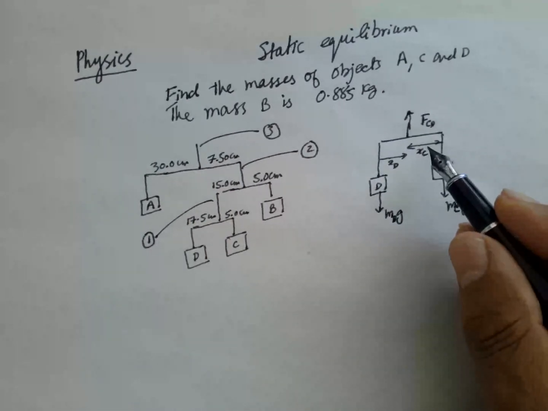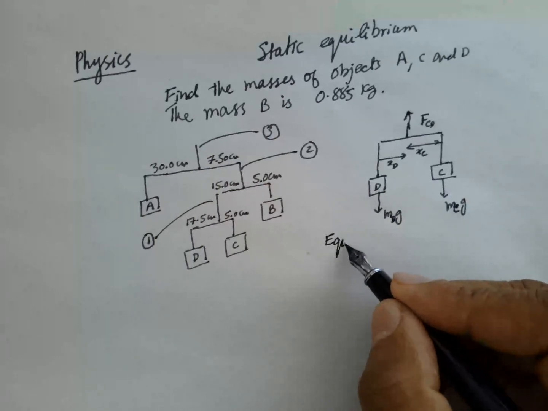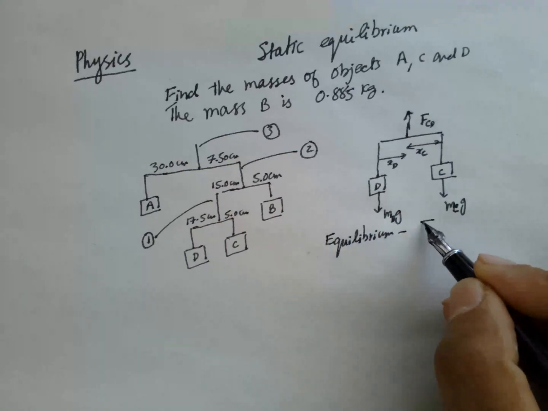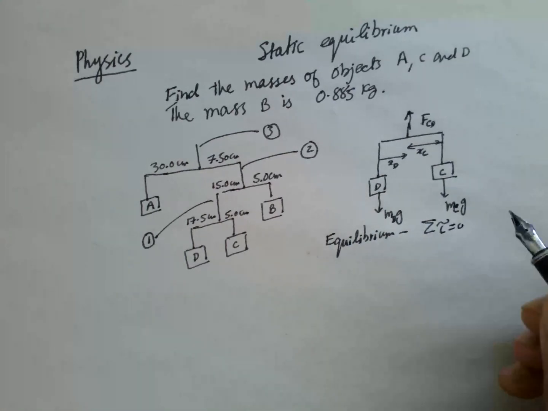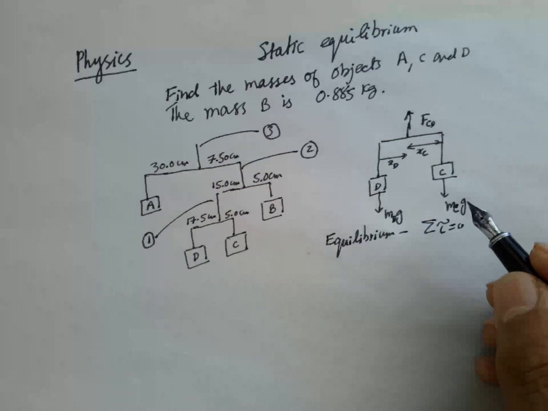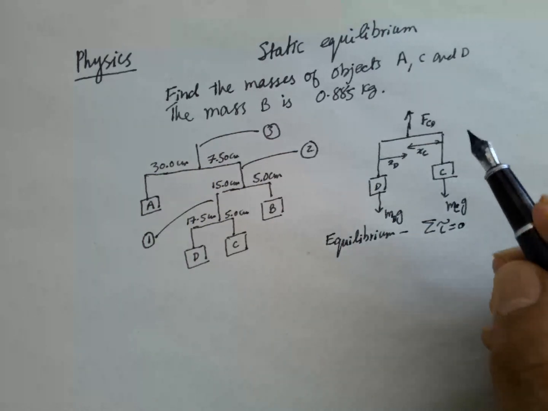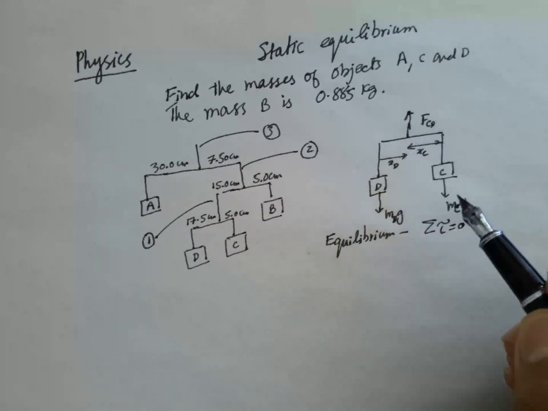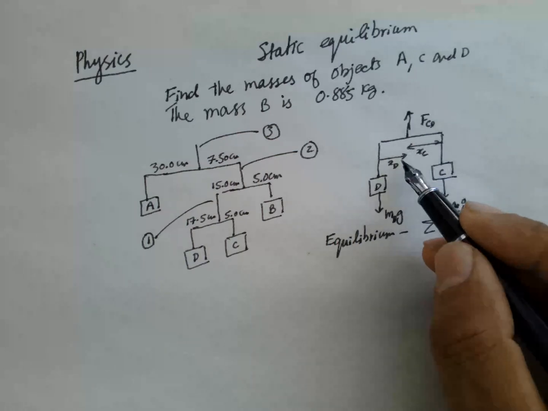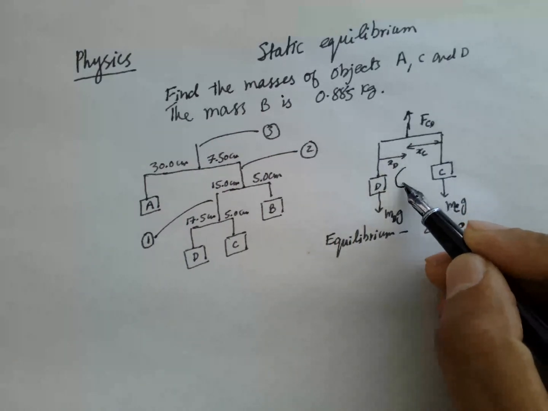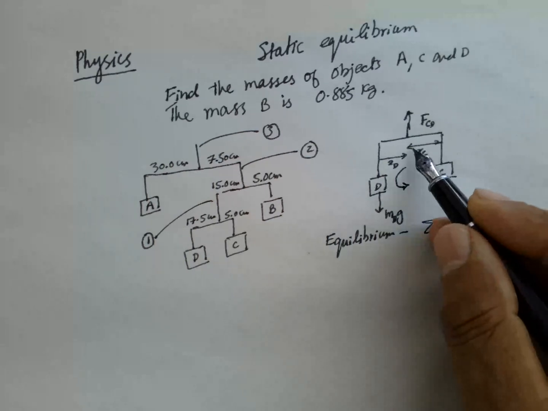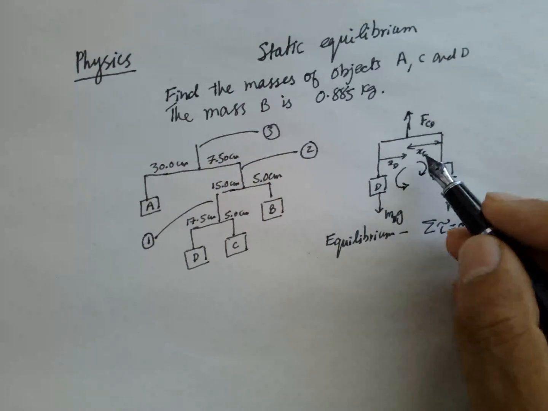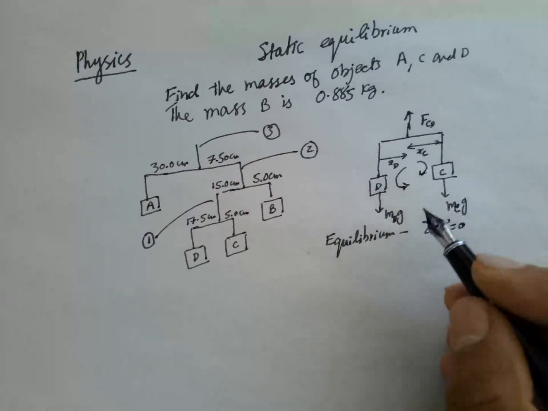So if this is in equilibrium, then the sum of the torque is equal to 0. If you take the pivot at this point, there's no contribution from this one. This is counterclockwise, so positive, and this is clockwise, so negative.